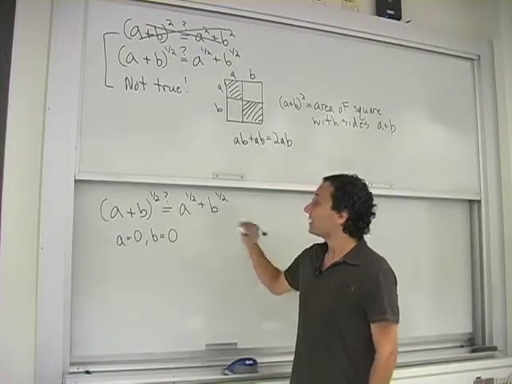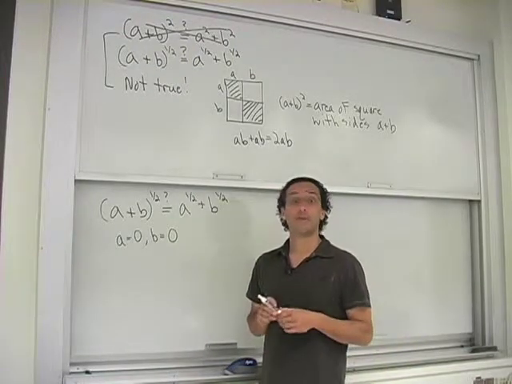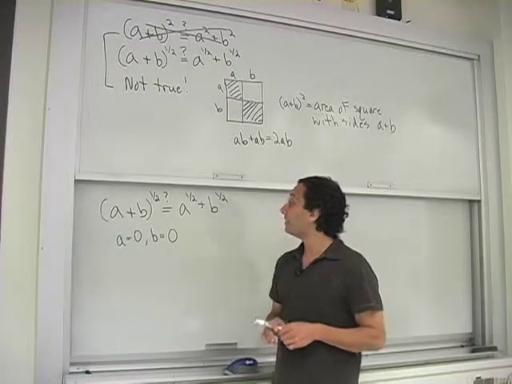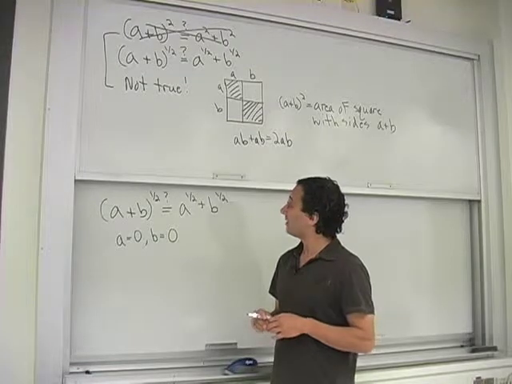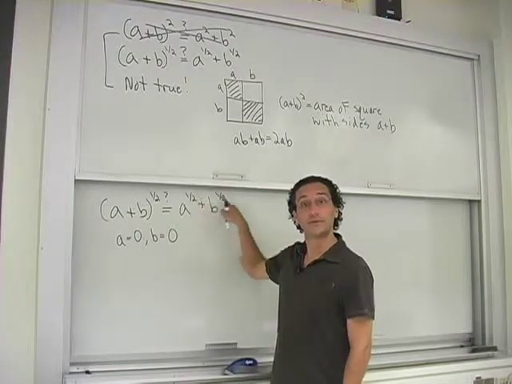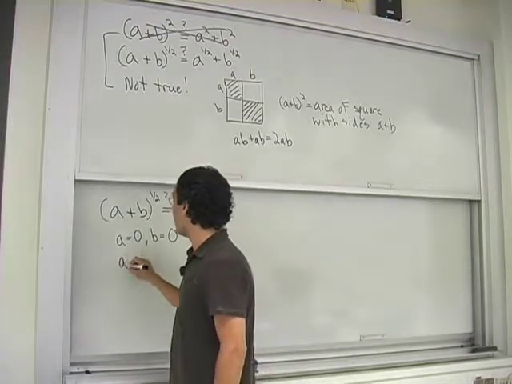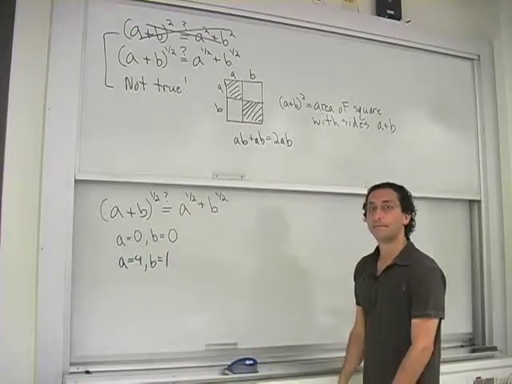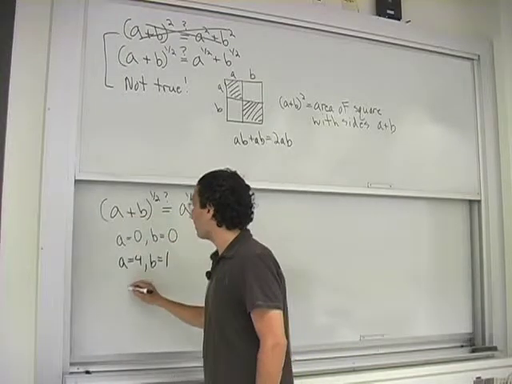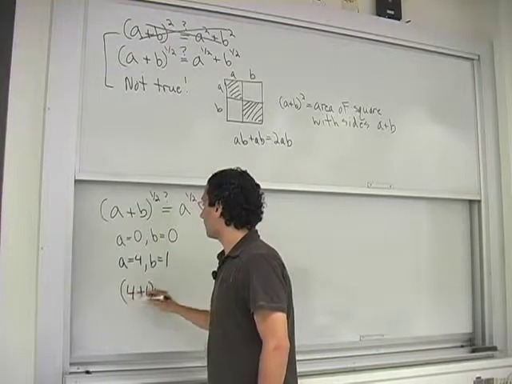Well, to show that it's not true in general, I'm going to just come up with a numerical counterexample. And I'm going to use some numbers that are easy for me to deal with. So what do I mean easy to deal with? I'm going to be able to take their square roots. So let's let a equal 4 and b equal 1. The left-hand side becomes (4 plus 1) to the 1/2.